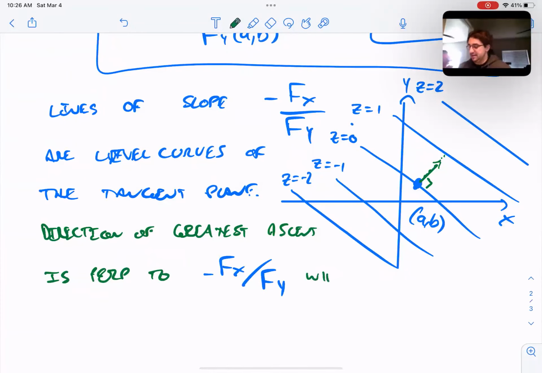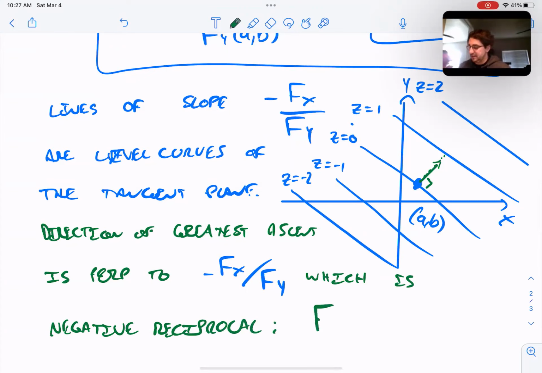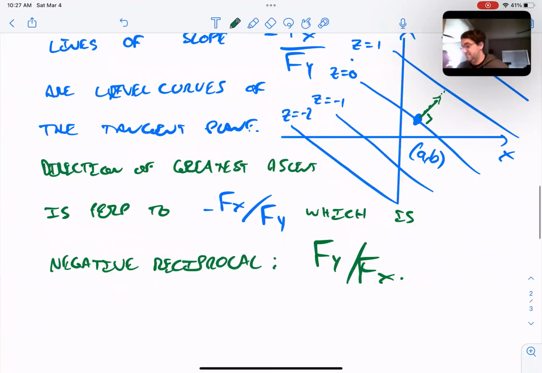And what is perpendicular? Perpendicular slope is the negative reciprocal, right? So the slope that we should walk to find the direction of greatest descent is Fy divided by Fx, right?